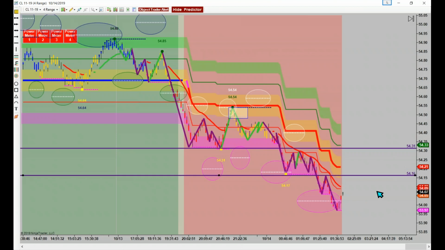So that is an identified swing right there at 16, 17. Let's see if it holds. I'll fast forward this a little bit and see if it holds. So far it's holding. Fast forward a little bit more and see if it'll hold.